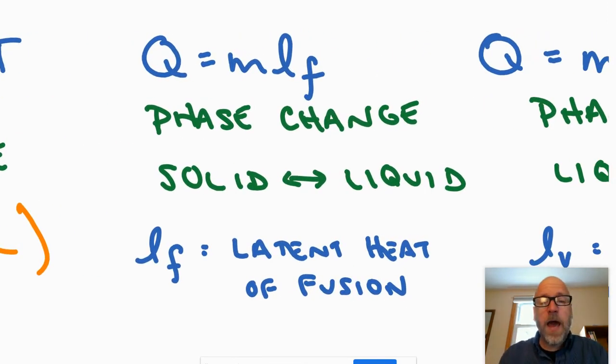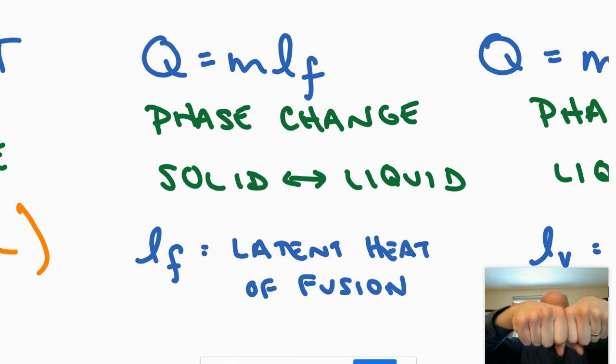Now, this is what we didn't talk about last time. Q equals mLf. This is the heat necessary for a solid to undergo a phase change into a liquid. It takes energy to get those atoms that are all sitting locked into a matrix to start to move around over each other. You're increasing their kinetic energy when you do that.